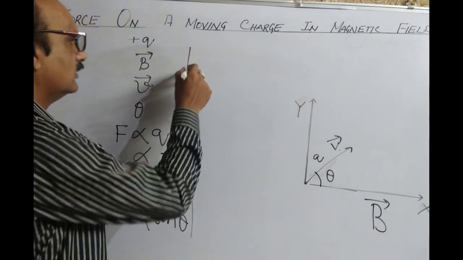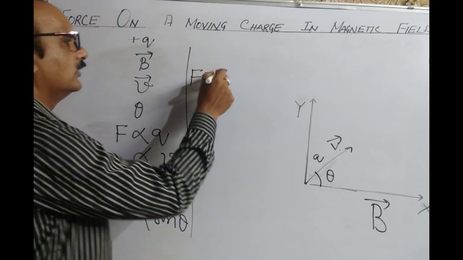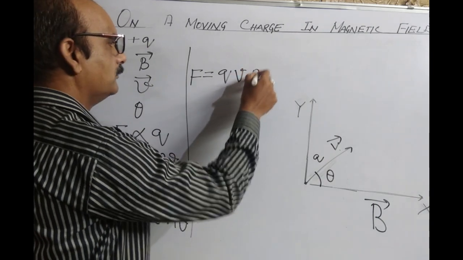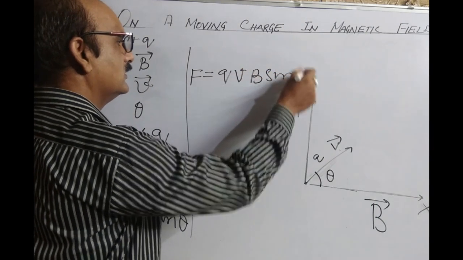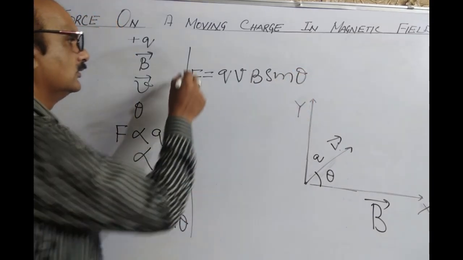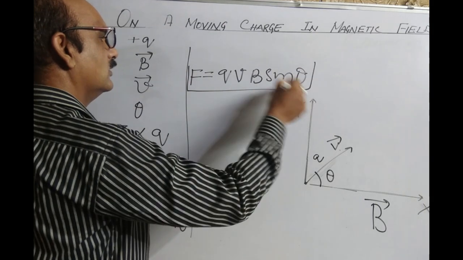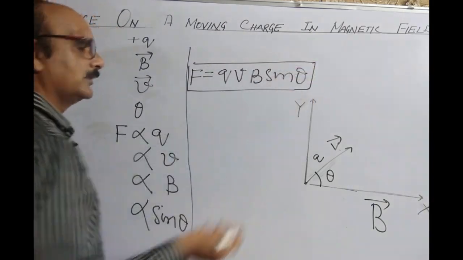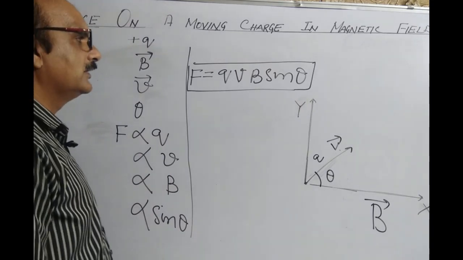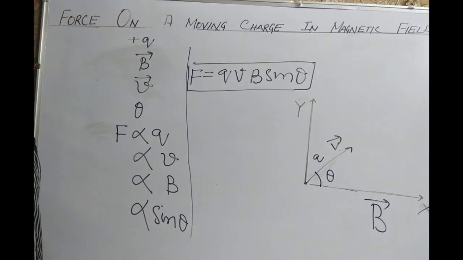That is, F equals Q V B sin theta. Right? This is the amount of force experienced by a charged particle when it enters, making angle theta with the magnetic field.